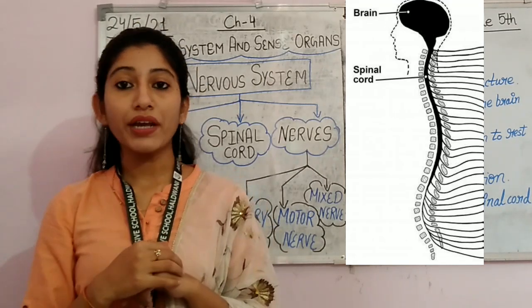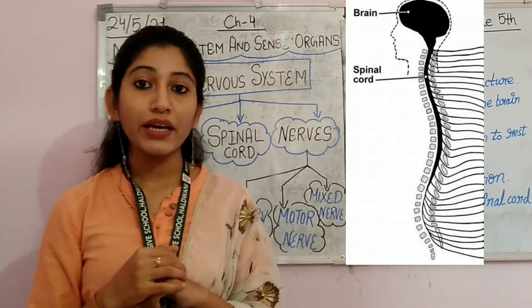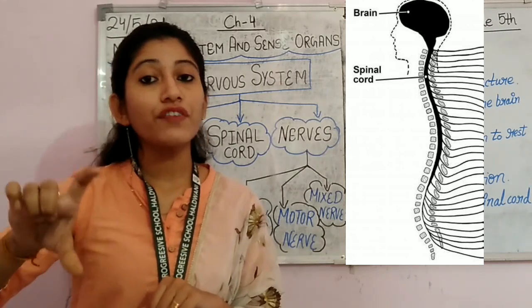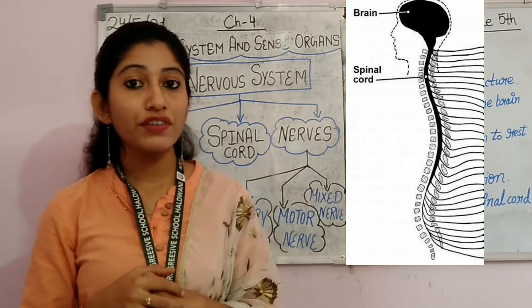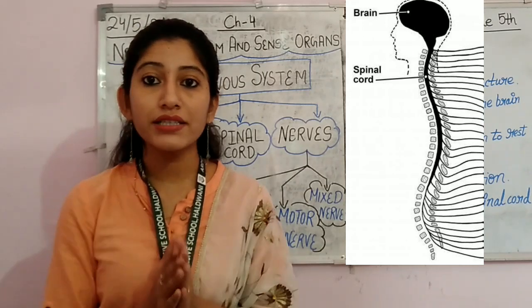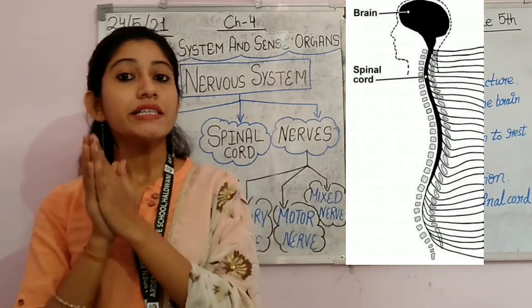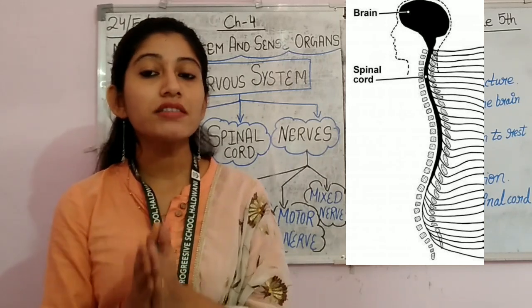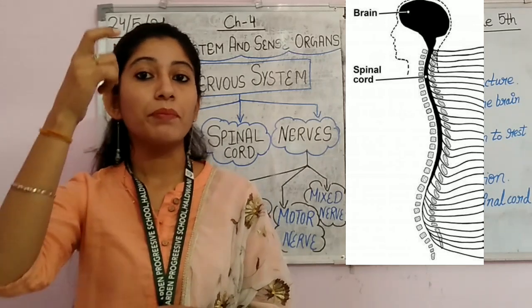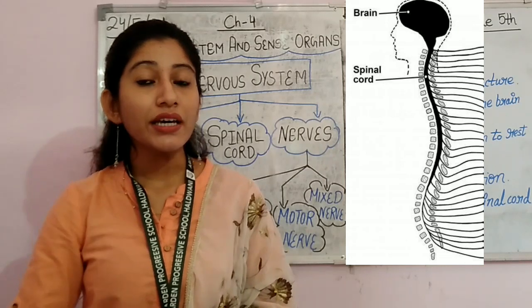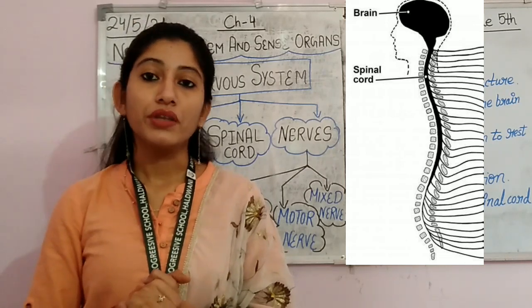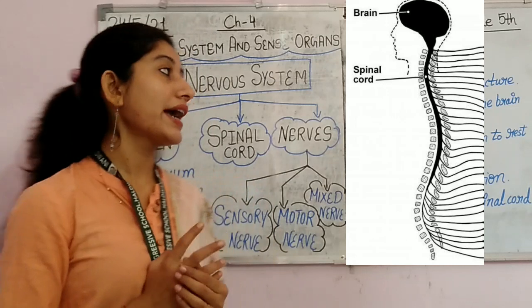I have shown you the brain, I have shown you the medulla oblongata. And what is the base of the brain? Medulla oblongata, the brainstem, right? So this spinal cord extends from the base of the brain to the backbone.